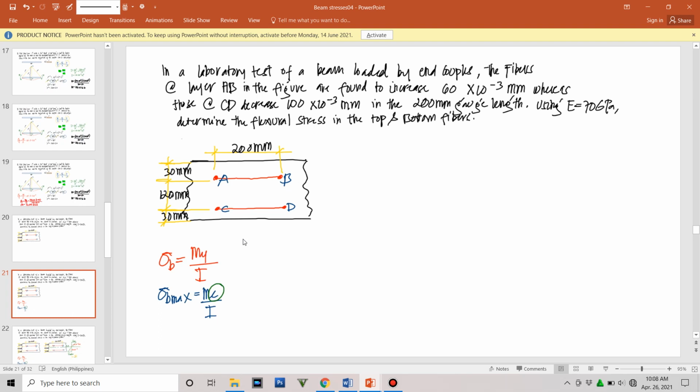Of course, the involved formula here is this one. y is the farthest distance. y is the distance of the point of consideration up to the extreme fiber. When we say extreme fiber, it could be either the top fiber or the bottom fiber, meaning it is just the outer fiber. Okay.